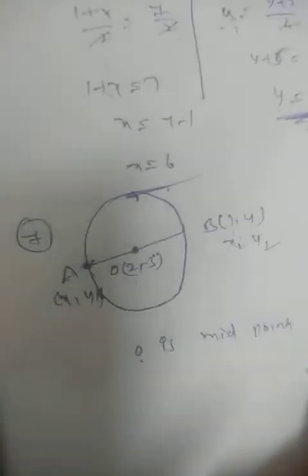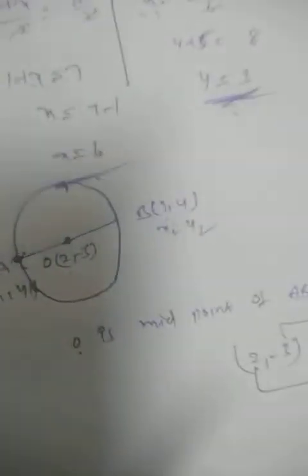What is (x1 + x2)/2 here? (x1 + 1)/2. What is (y1 + y2)/2 here? (y1 + 4)/2. But already this O is (2, -3). Equate the x value, equate the y value.